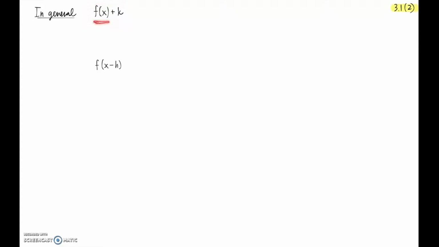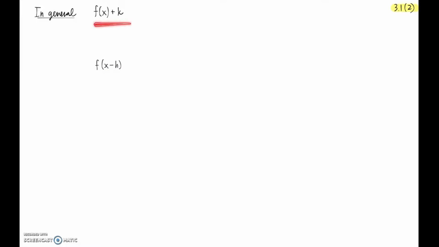Say you had a function and you added some sort of constant to it, or maybe you added or subtracted a constant to the input before you even did anything with that input in the function. So adding or subtracting the constant is part of the input.